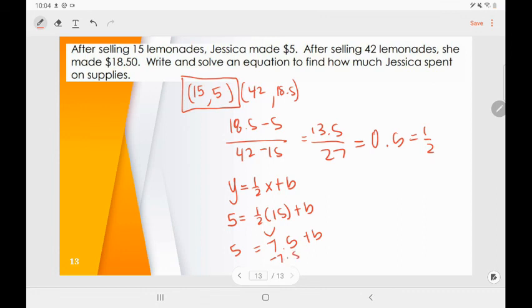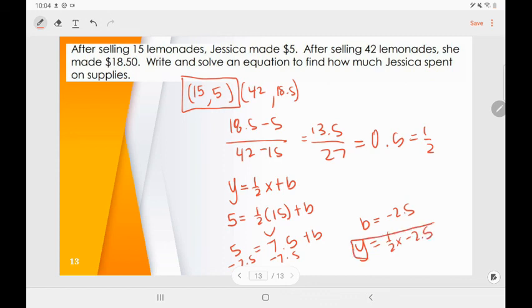Subtract 7.5 from both sides. b is equal to 5 minus 7.5, which is negative 2.5. So y is equal to 1/2 x minus 2.5.